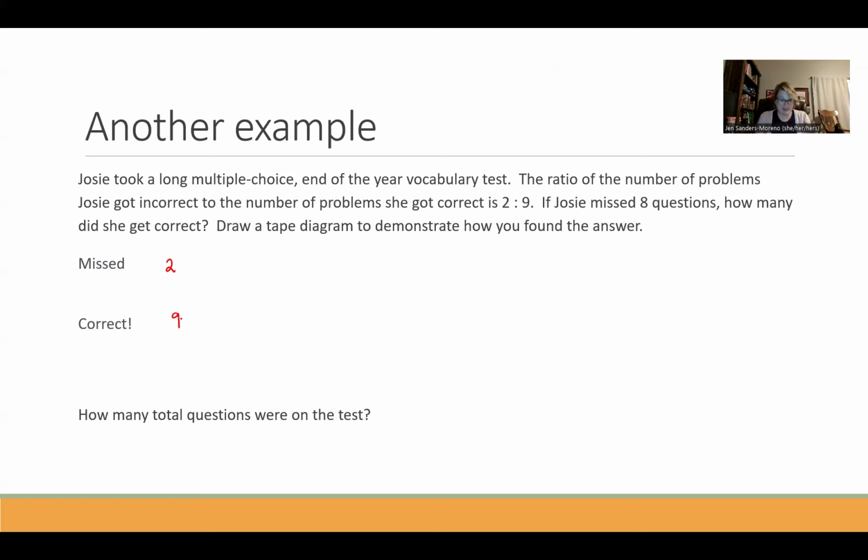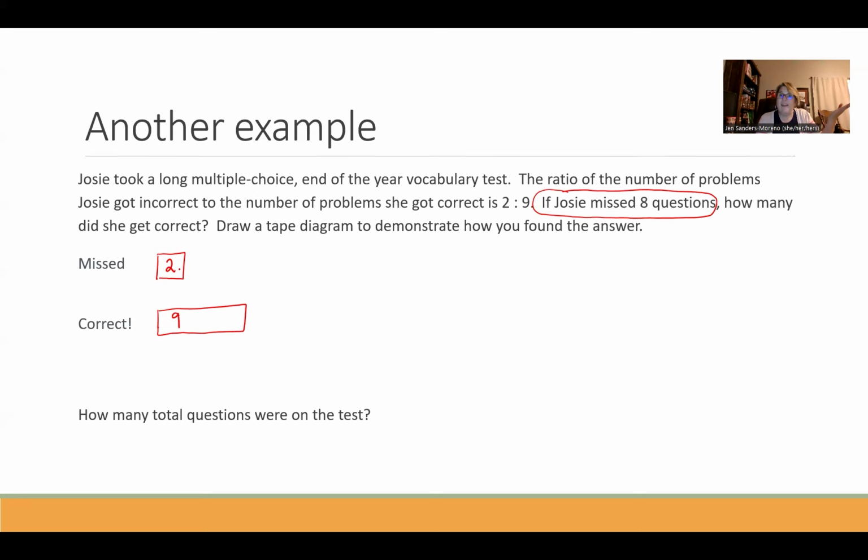Okay, I'm going to make it into actual tape diagram pieces. So I'm going to make my 2 small and my 9 bigger. Beautiful. So now we're going to use the other piece of information that they gave us. If Josie missed 8, we'd ask our students, okay, which of these diagrams do I need to add to?